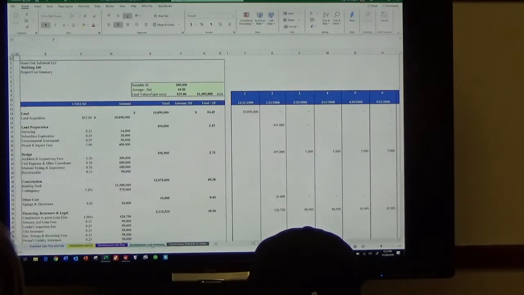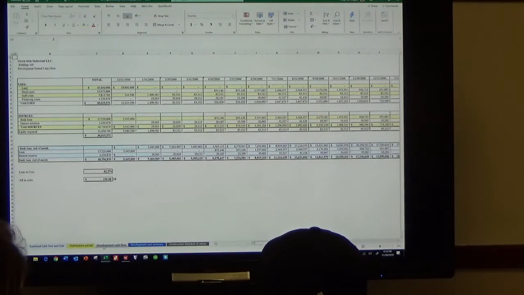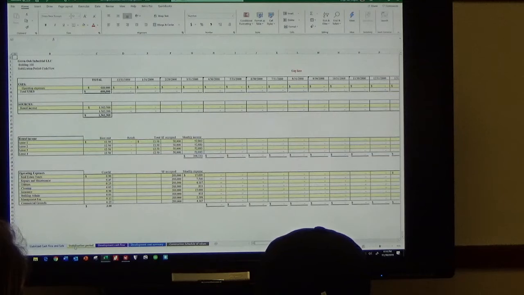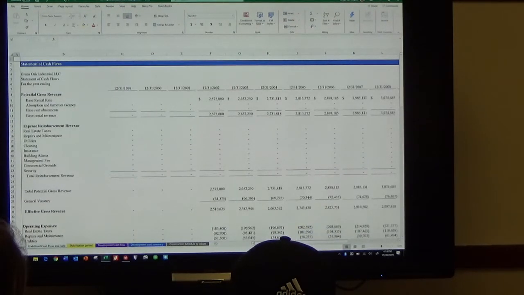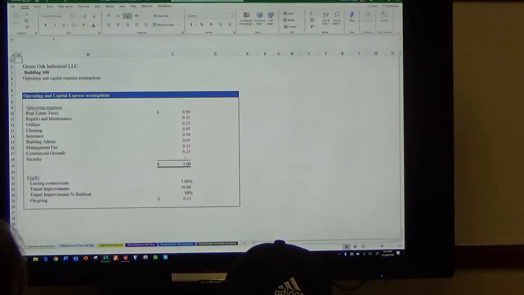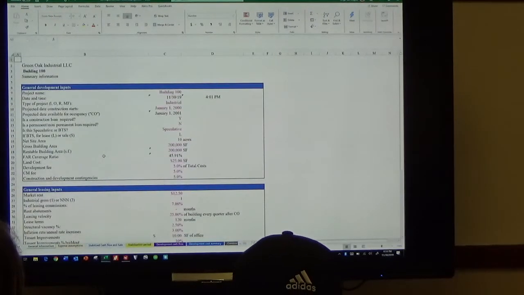I've got my development costs. Then I've got my 3 different periods that we talked about. My development cash flow period, my stabilization period, and then my stabilized period, okay? And here's where I can actually then pull things together, okay? But let's just start with my inputs, okay?